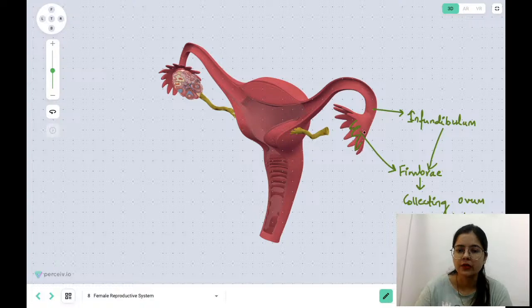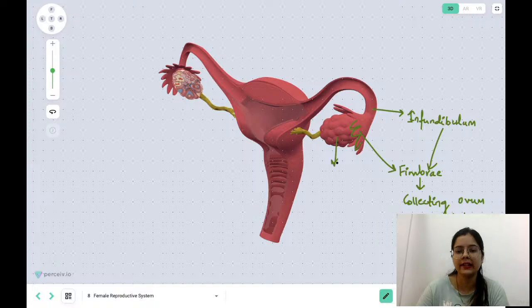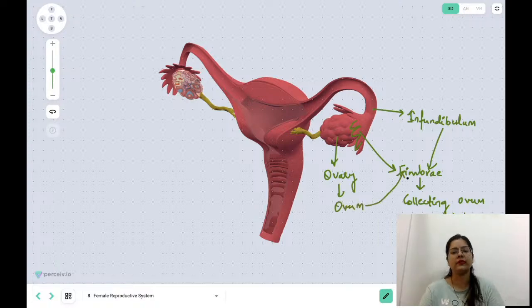All right. So since this infundibulum is in direct connection with this ovary, whatever ovum is released by this ovary will come directly in contact with this Fimbri itself. So this is one of the important functions.